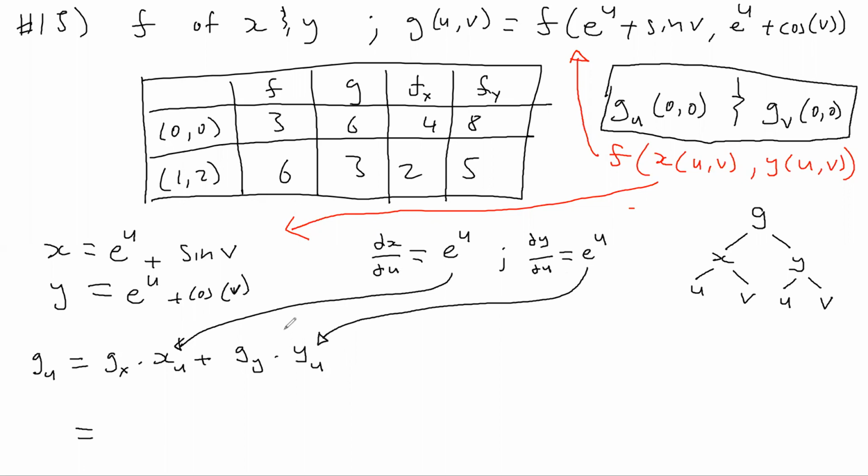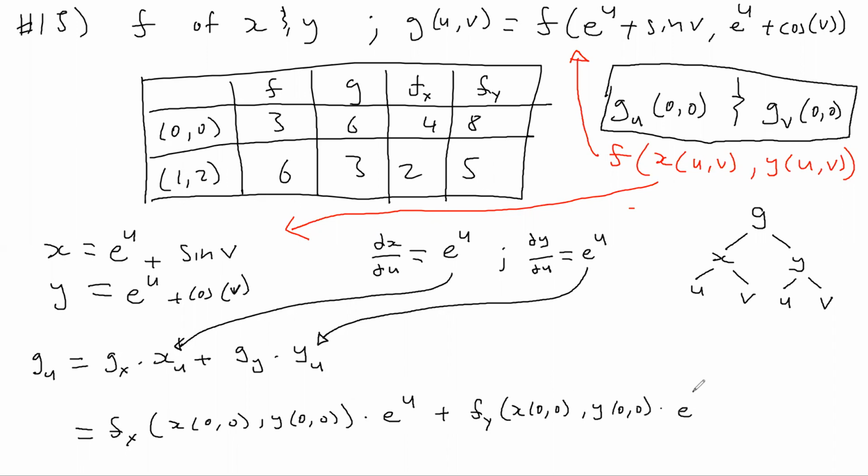All right, so I'm going to rewrite this g sub x as f sub x of x(0,0), y(0,0), multiplied by e to the power of u, plus g sub y, which is f sub y at x(0,0), y(0,0), times e to the power of u.